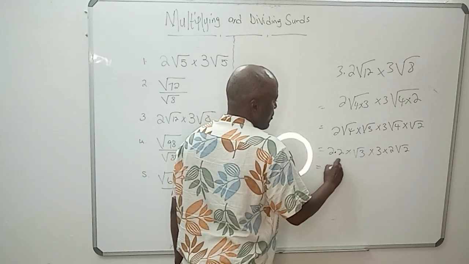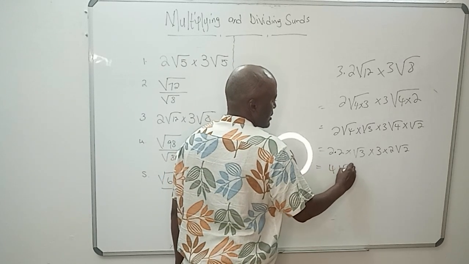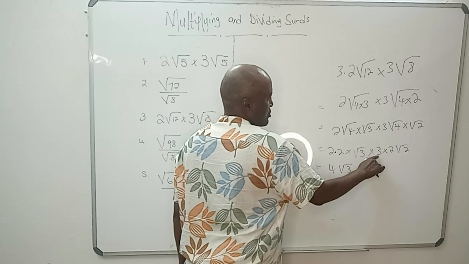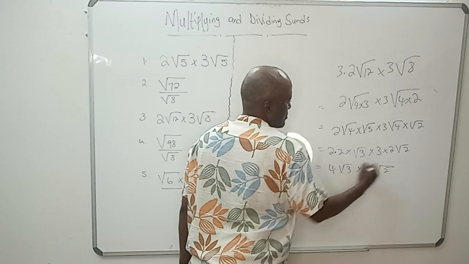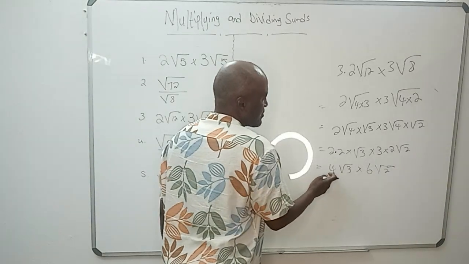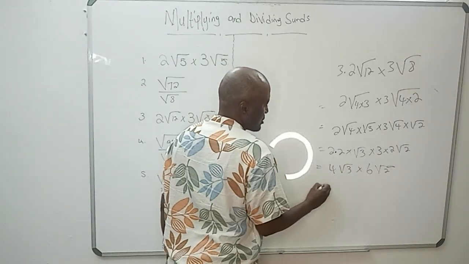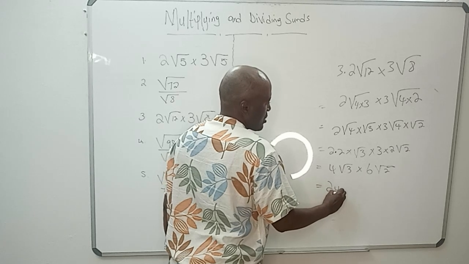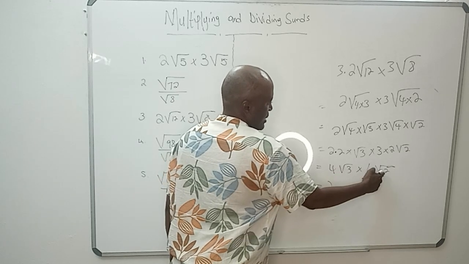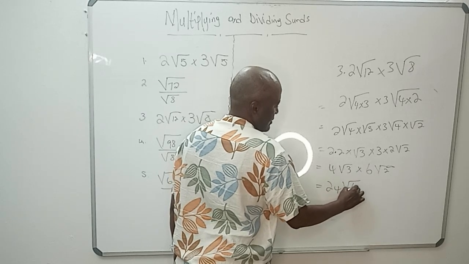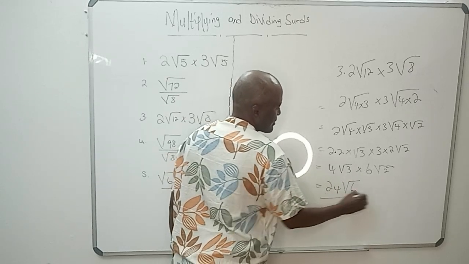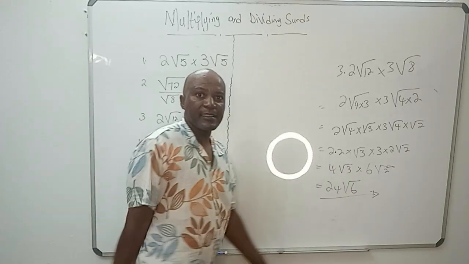Then 2 by 2 is 4 square root of 3, multiplied by 3 by 2 is 6 square root of 2. Okay? Then let's multiply these two. We get 24, and 3 by 2 is 6, and that is the answer.